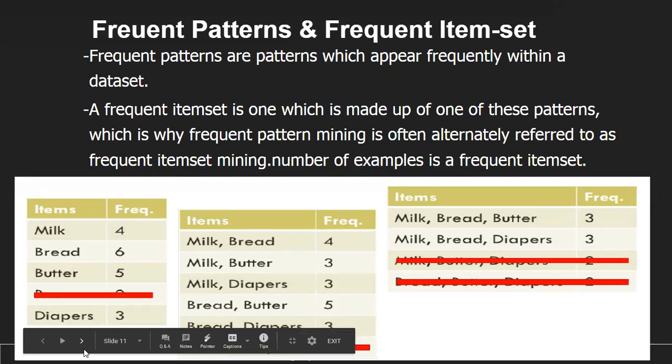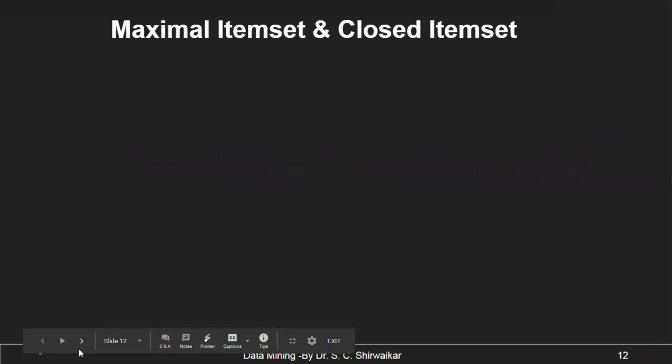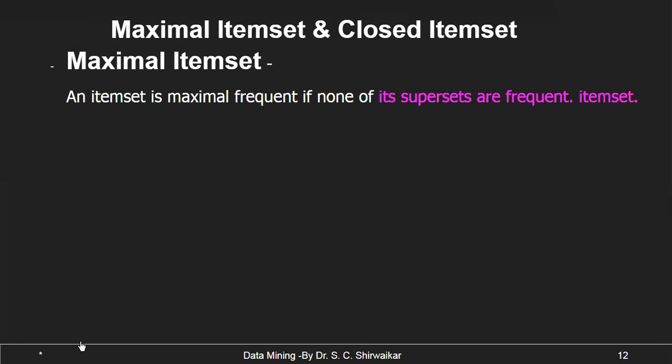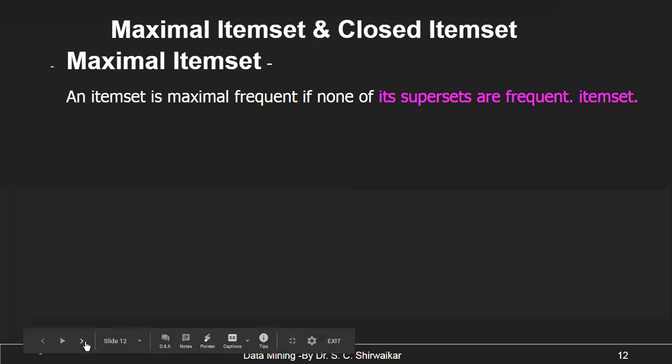Okay, now we'll focus on the next point here, which is very important: maximal item set and closed item set. So which one do we call a maximal item set and which one a closed item set? Okay, the first is the maximal item set.